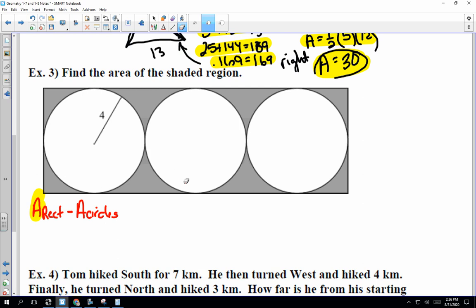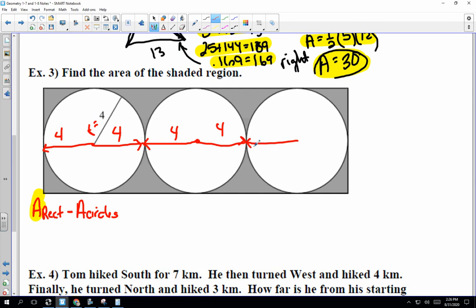Okay, so if the radius of a circle is 4, that means this radius right here is also 4. And this is 4. And this is 4. And this is 4.